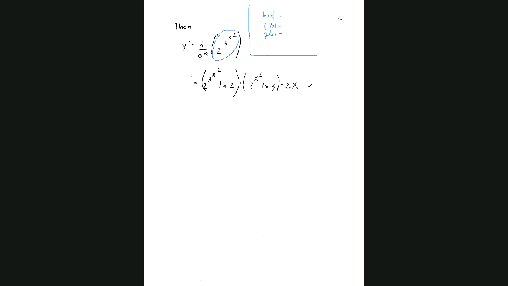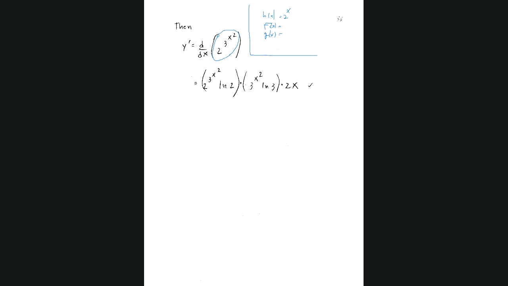What would the outermost function be? Good, excellent. Sebastian, Lynn, and John, very good. That's 2 to the x power. Okay, good, Rodrigo. Now what's the next function? Moving inward, what's the next outer function? Good, everybody, 3 to the x.